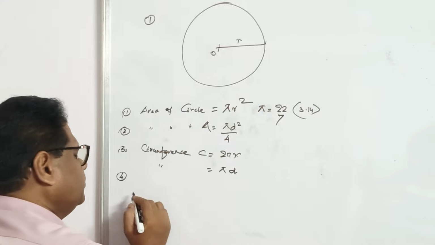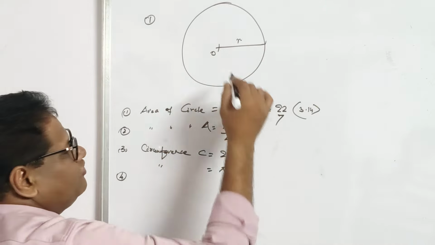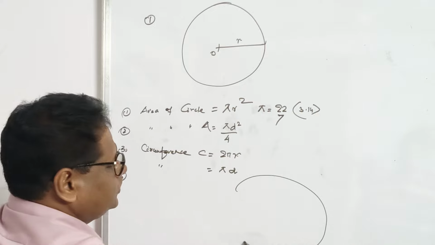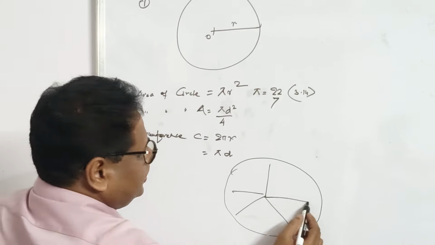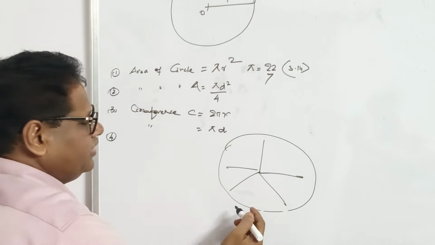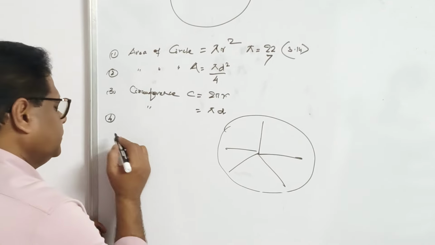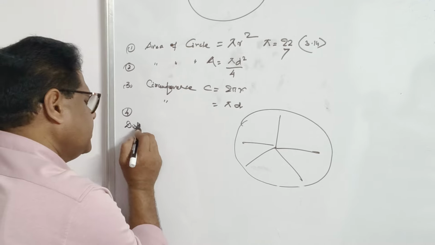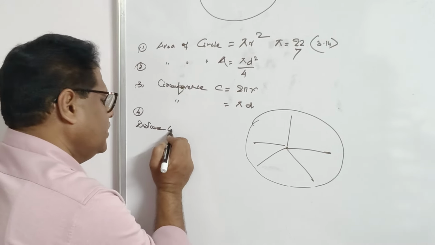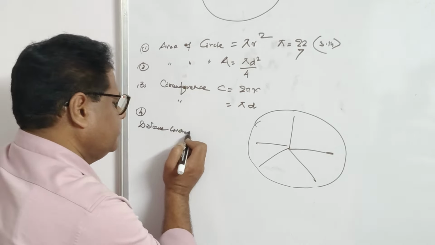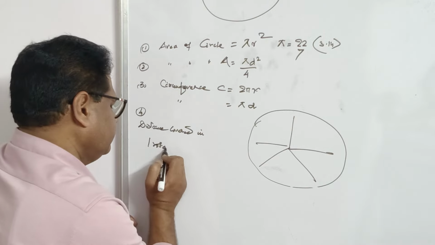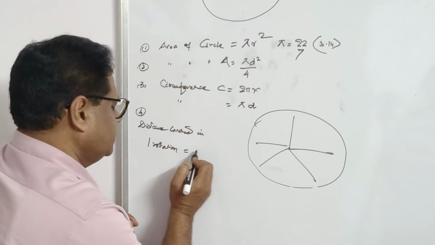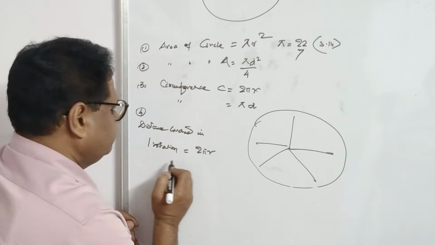Now suppose this is a wheel of a bullock cart or a horse cart. Now you have to find the distance covered by the wheel in one rotation. Distance covered in one rotation is 2 pi r.